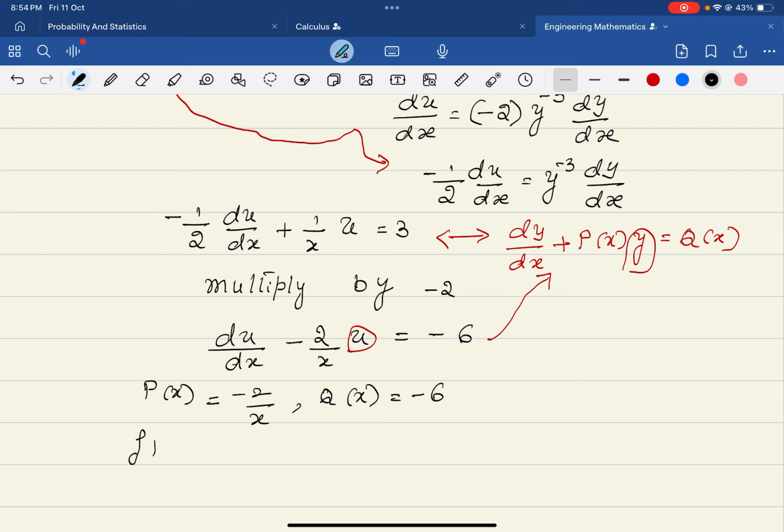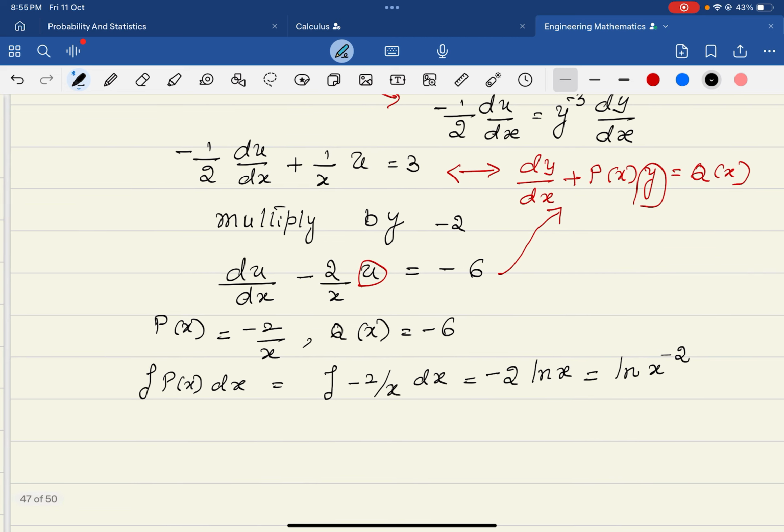Now what is integral p of x dx? It is given by integral of minus 2 over x dx. So you take minus 2 outside and integral of 1 over x, which is ln x. Now how can we write this? I have already explained how to write this as ln of x power minus 2.